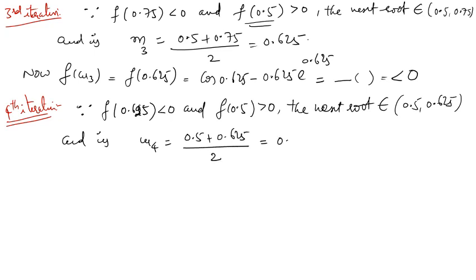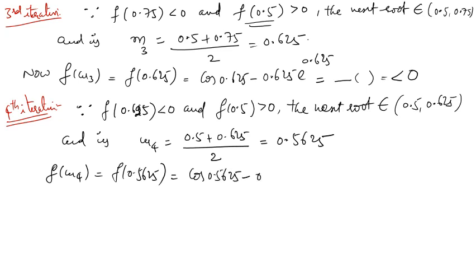This value is 0.5625, and calculate f of m4. f of 0.5625 is equal to cos 0.5625 minus 0.5625 e to the power of 0.5625. This value is also negative, less than 0.